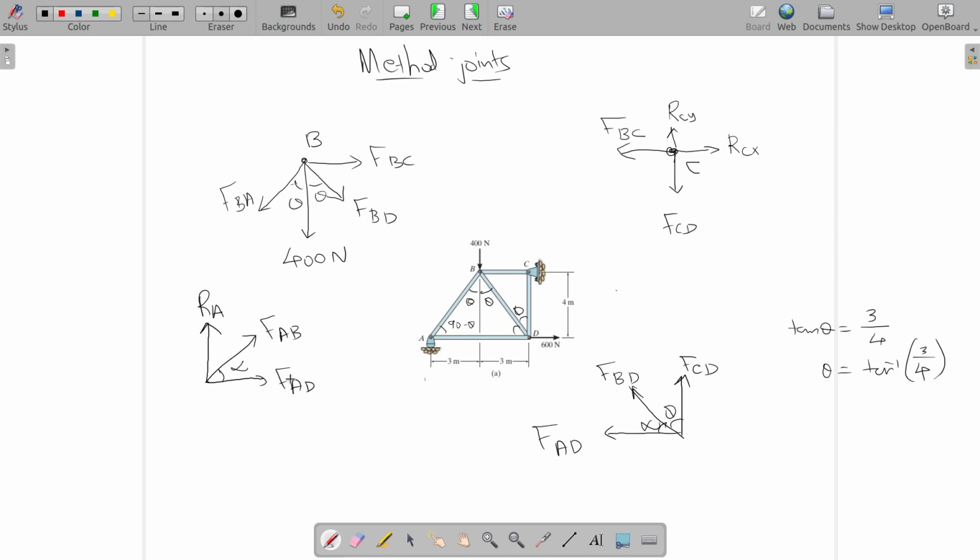If these two together, how many unknowns will they have? These two together will have 1, 2, 3, 4, 5 unknowns.